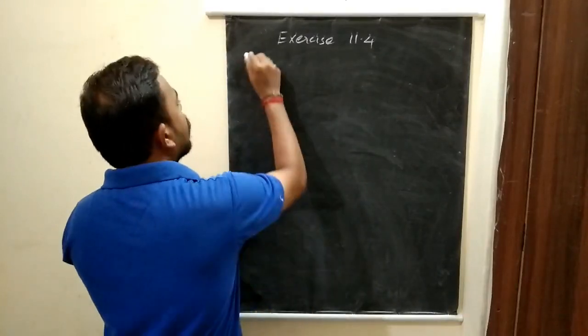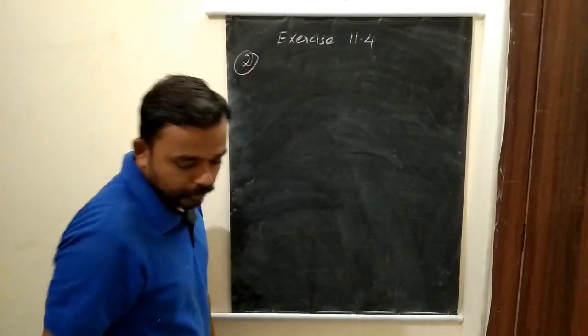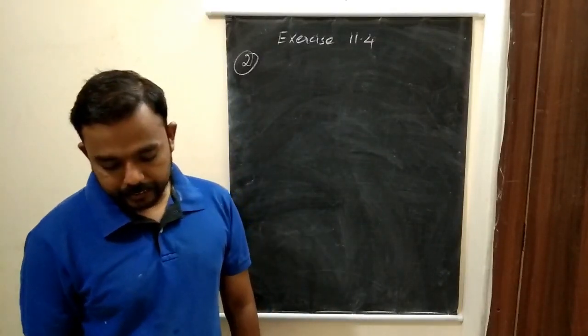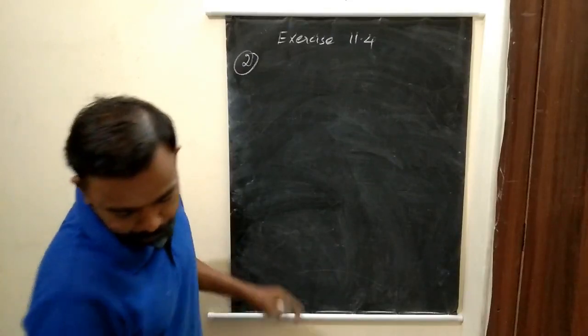Now come to the second problem. The diameter of cylinder A is 7 cm and the height is 14 cm.